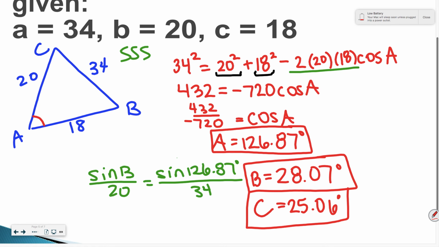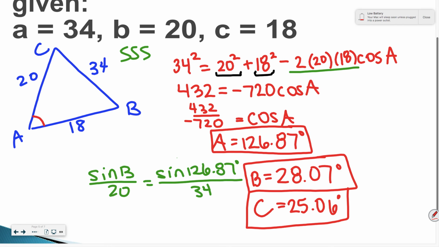It is possible that, since we're using rounded answers, we could differ in answers by maybe like 100. So don't be surprised if that happens with your work and my work.